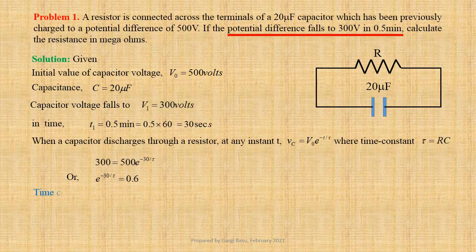Therefore, time constant tau equals 58.7285 seconds. That is equal to R into C.